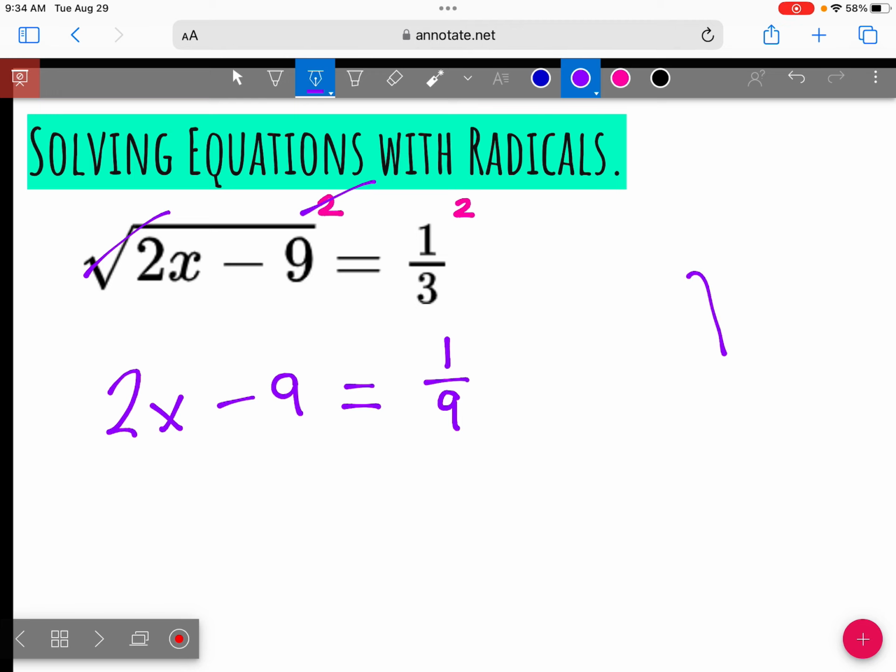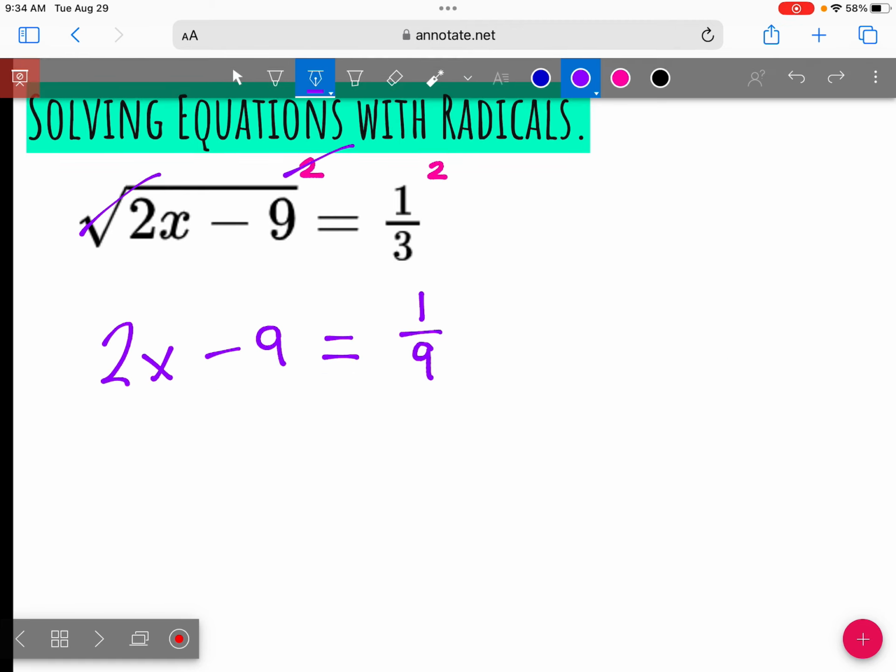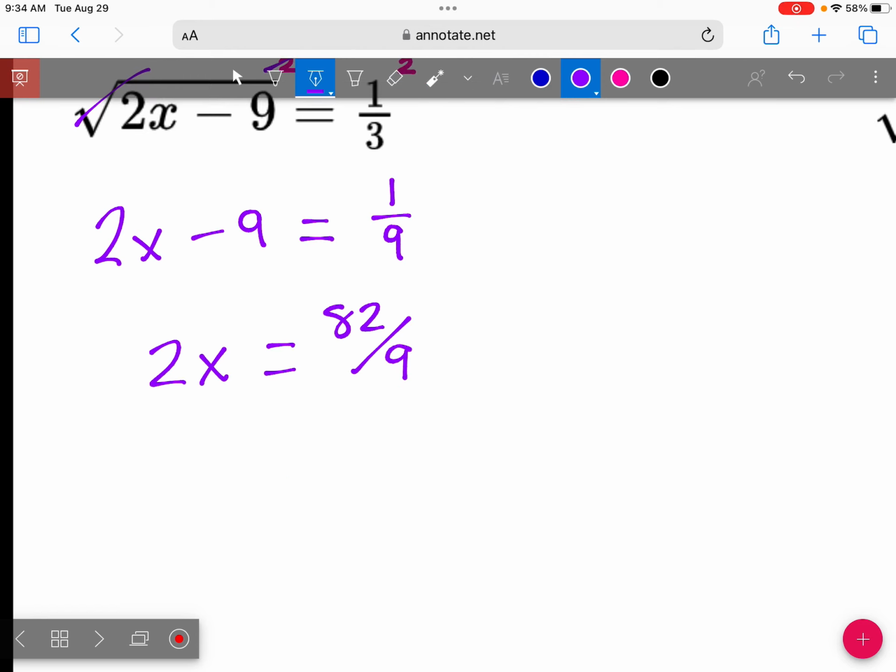Then what do we do? Add 9. So 2x equals 9 and 1/9. 82 ninths. Get x by itself, divide by 2.